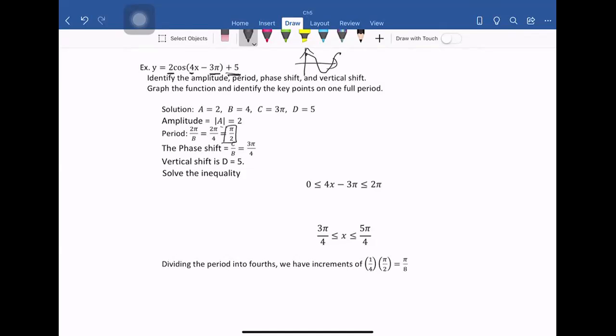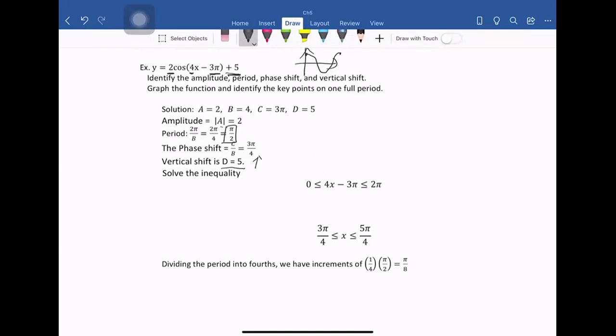The C over B, or solve the expression 4x minus 3 pi equals 0, and add 3 pi to both sides. 4x equals 3 pi, x equals 3 pi over 4. So this is the phase shift. Vertical shift is 5. That's D. It's moving upward 5 units.